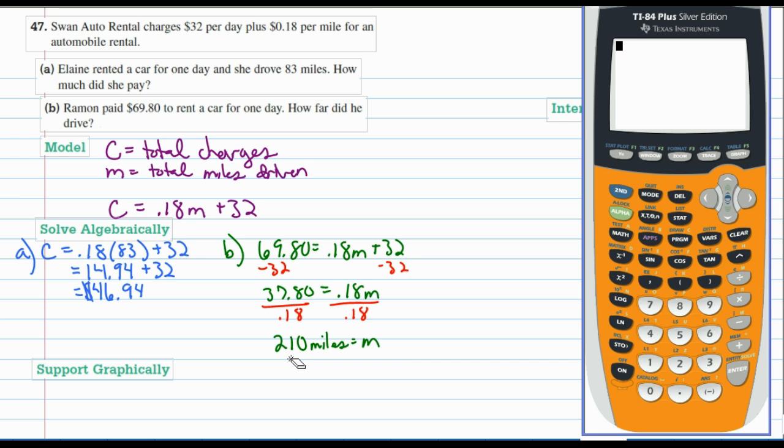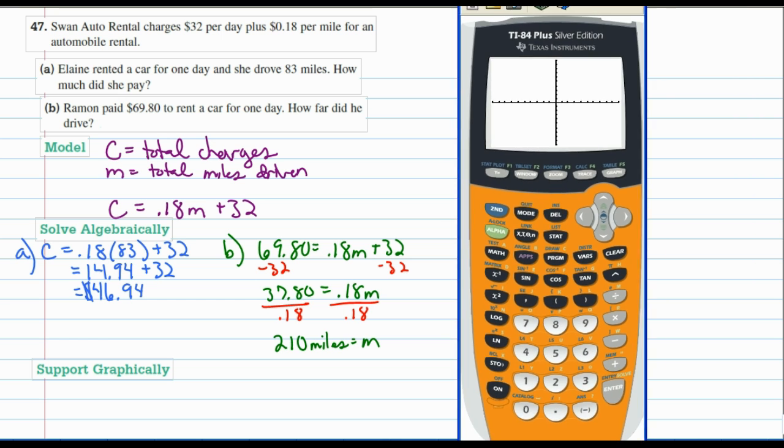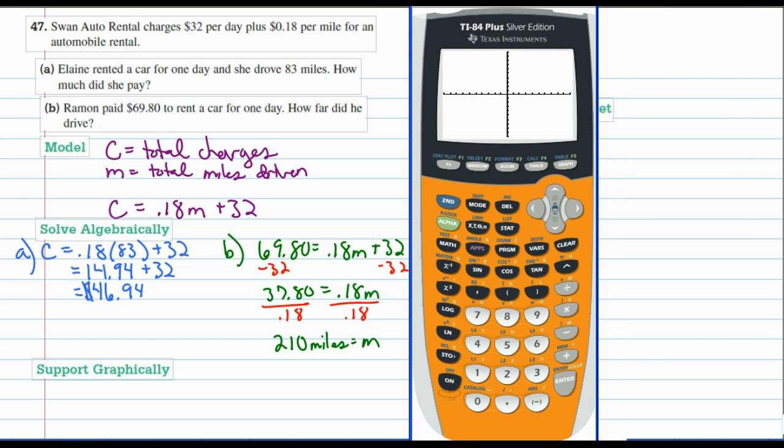Now to solve graphically, I have to look at values that I've dealt with in this problem so far because Zoom 6 is definitely not showing me any graph. I've got 210 miles, 83 miles, so maybe I want to go up to 300 miles, and M is my X value.